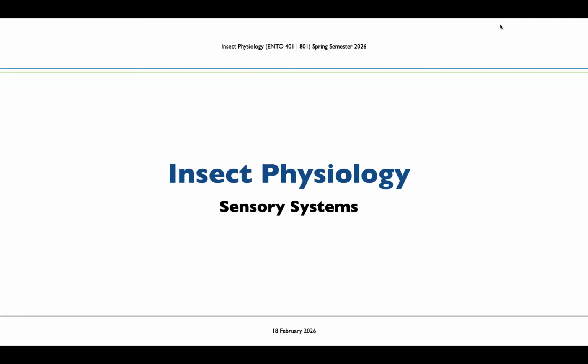So, to kick it off, with the integumentary system, we covered quite a bit in a short period of time. I just want to go over some high level points of what to think about for the exam, but also that conversational knowledge about the physiology of the integument and how it works or how it's produced. So, we started off basically describing the primary functions of an insect egg as a structure.